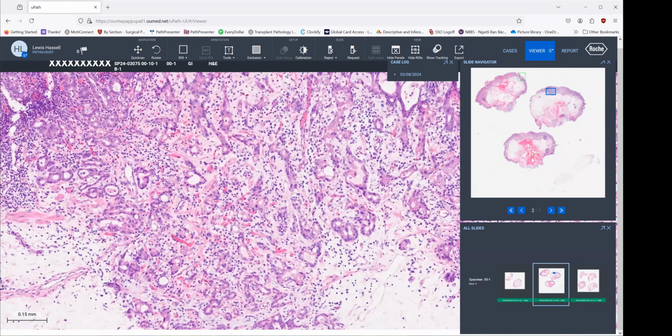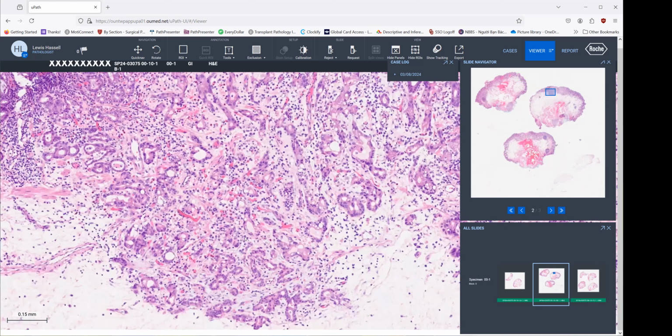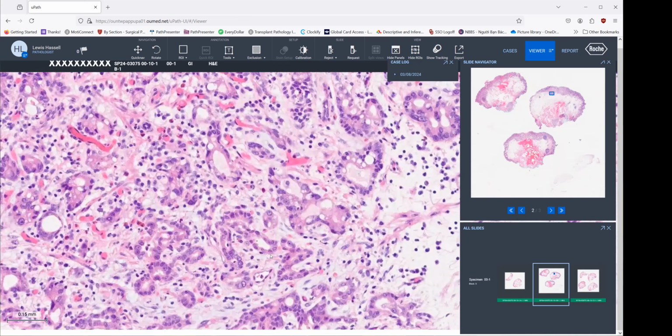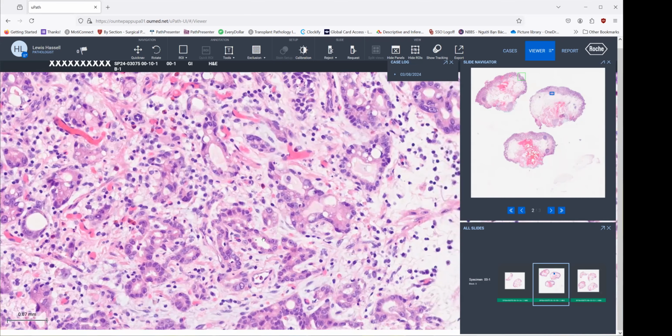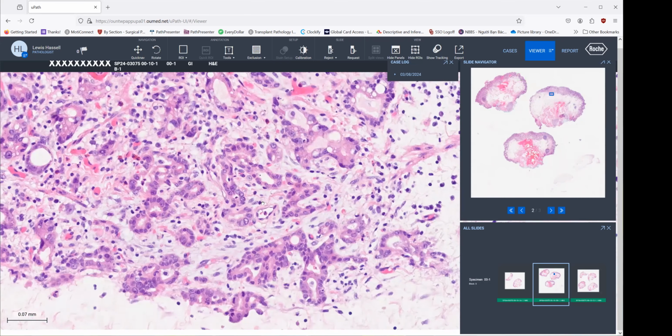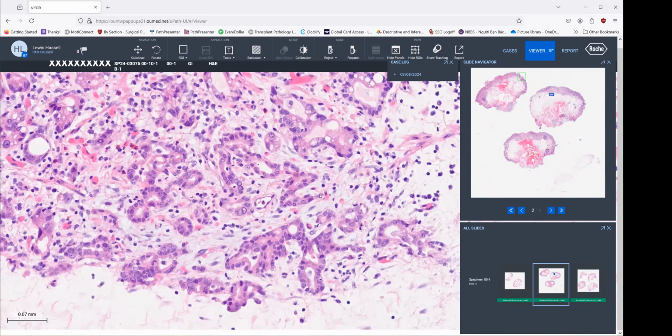Well, there are many patterns that esophageal adenocarcinomas can take. And this is one of the less common ones. This is kind of a small glandular form of this tumor. And it's fairly poorly differentiated. It's got some very irregular architecture and so forth.